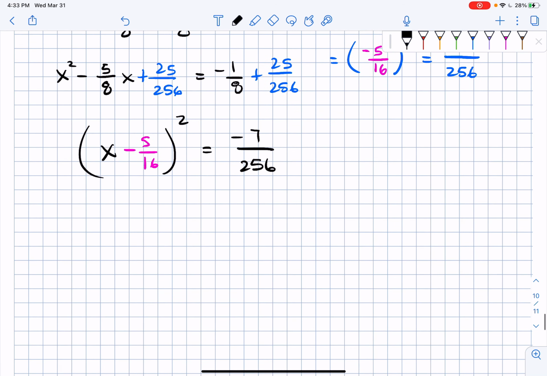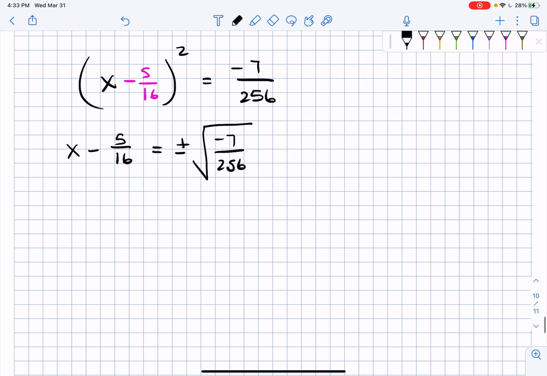And then I have to take the square root of both sides. So I'm going to have x minus 5 over 16 is equal to plus or minus the square root of negative 7 over 256. So I got to take the square root of top and bottom.